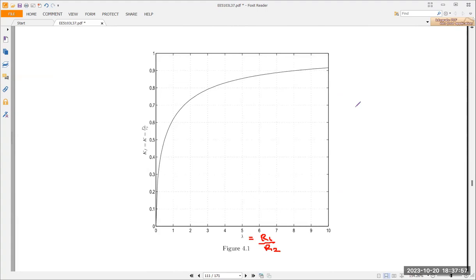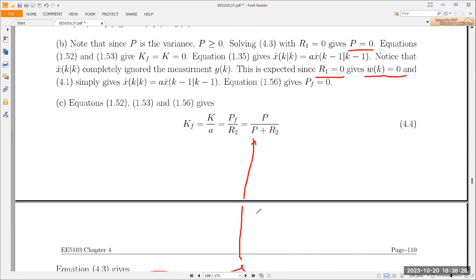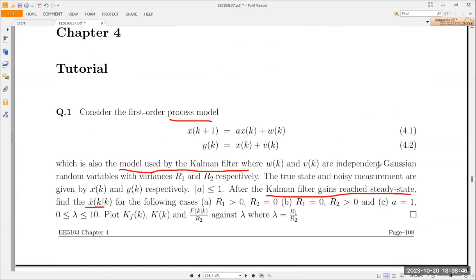When lambda equals infinity, you see here it is approaching 1. If you continue to plot until maybe 10,000 or 1 million, you'll find that this will go to 1. Which means that R1 is very large or R2 is very small, which means basically you trust this, you don't trust this, because lambda is R1, which is the W variance, over R2, which is the V variance.